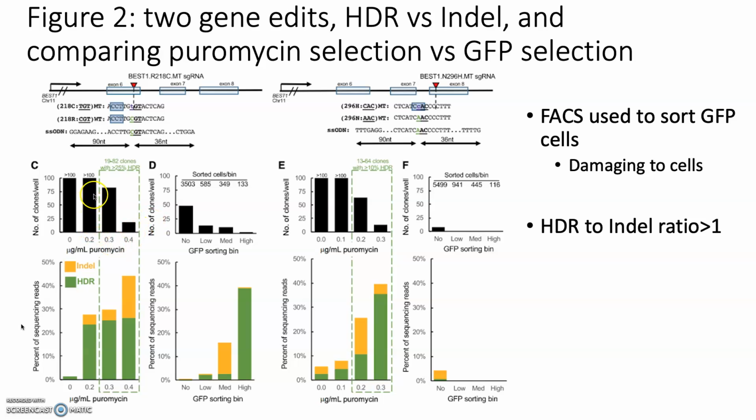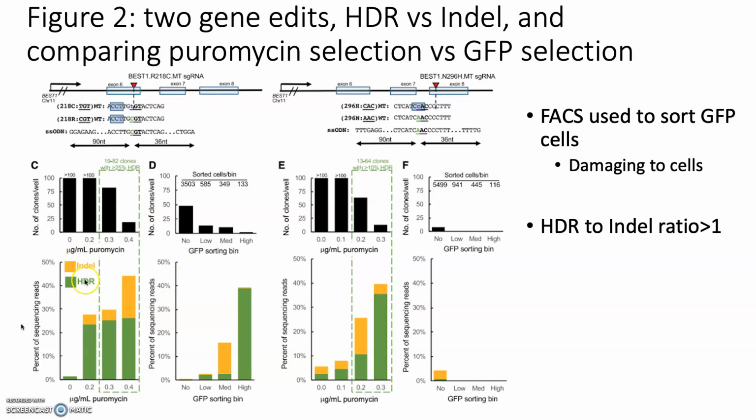So the cells that did take up the plasmid and were resistant to puromycin seem to have a high gene editing outcome, and more importantly, a high ratio of HDR to indel, which is what one of the main objectives of the study was looking for.